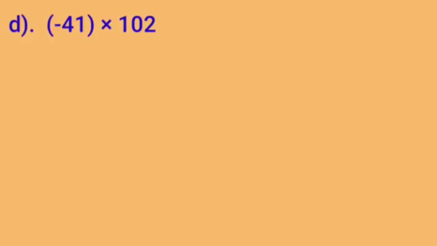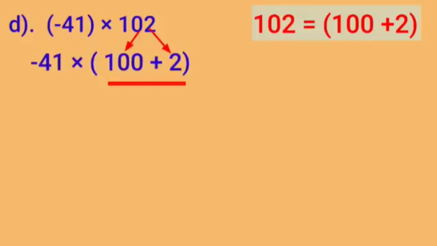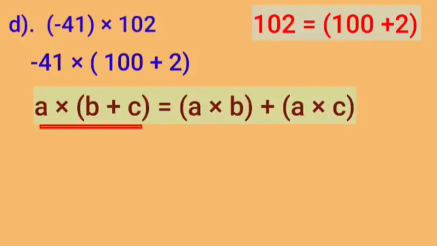Next sub question D: minus 41 multiplied by 102. To follow the distributive property, the bigger number 102, expand and write as 100 plus 2. So, minus 41 into (100 plus 2). The formula of the distributive property is A into (B plus C) is equal to A into B plus A into C. Now apply the formula in the given sum.